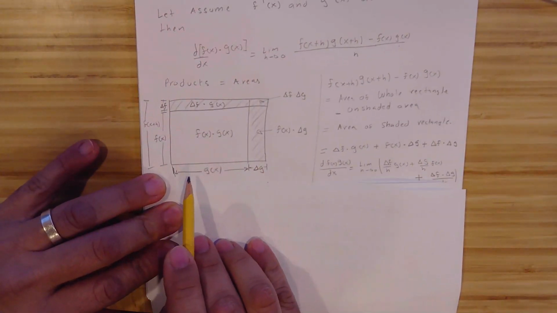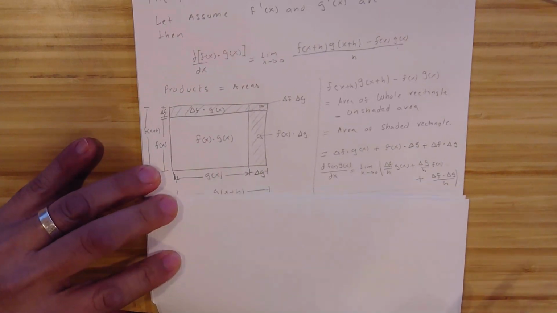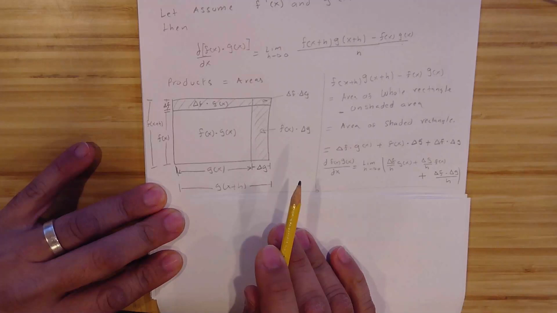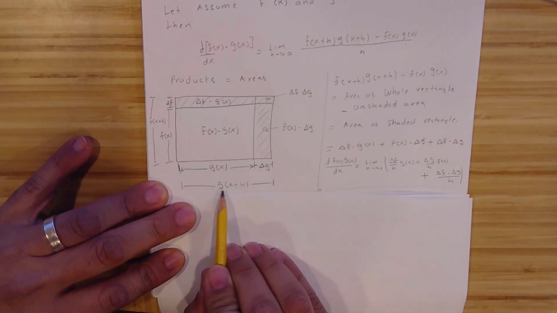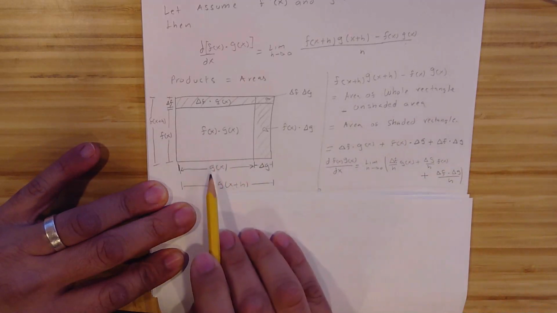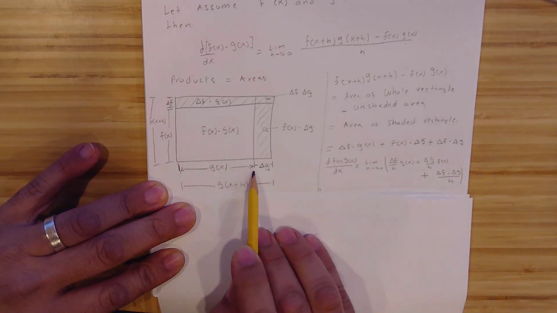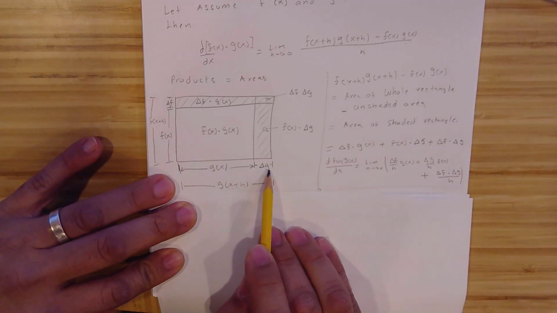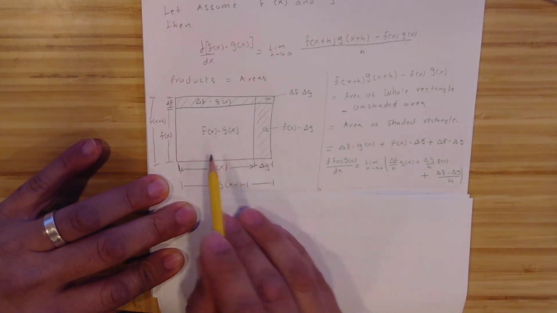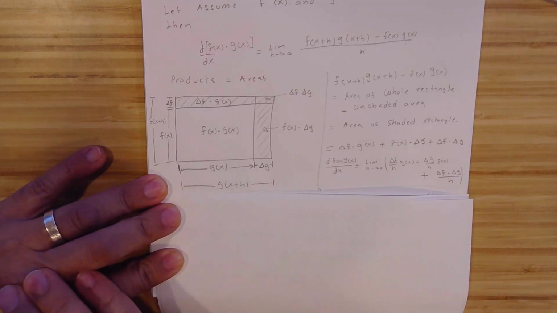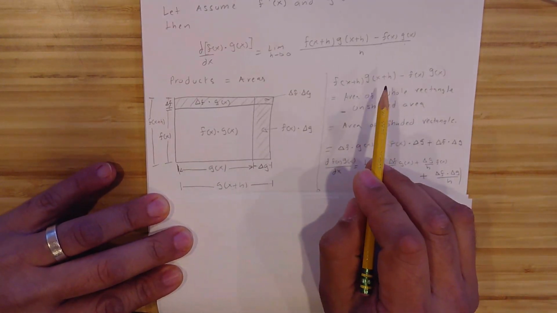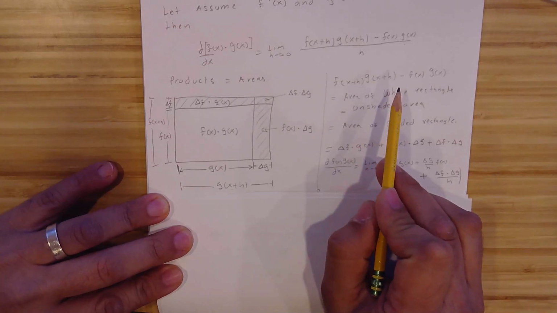Let's say we have some big square. g of x plus h will be g of x, this part, and the delta g will be this h part that we have to zoom. So let's concentrate on this part here.